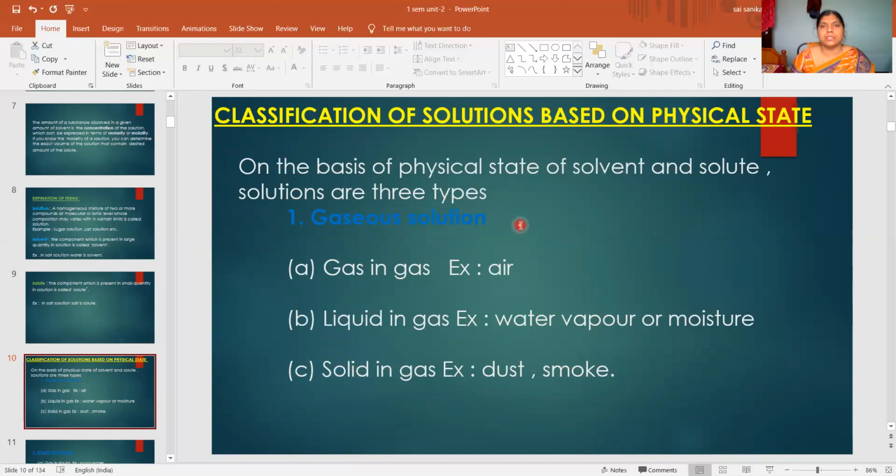Gaseous solution means the solution in which gas is solvent. Always gas will act as solvent. And solute changes. Sometimes gas is solute, liquid is solute and solid is solute. So gas in gas, example air; liquid in gas, example water vapor; solid in gas, example dust and smoke.